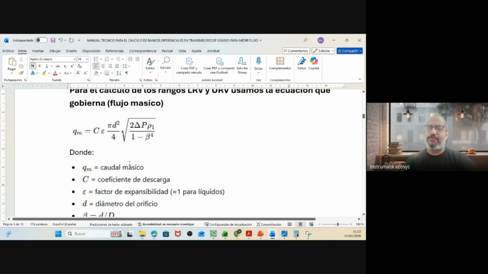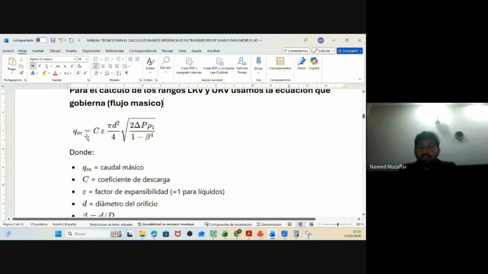So once you have delta P, and once you have, for example, the coefficients, or Cv in case of a valve, but this case is an orifice plate. When you have these coefficients, delta P, beta ratio, all these factors, and you have the area of the pipe, you can calculate flow for any instance of the flow.